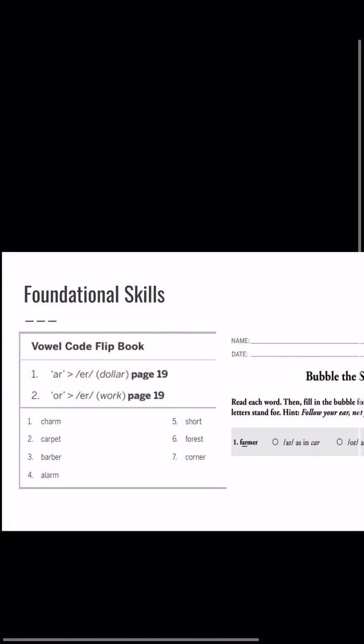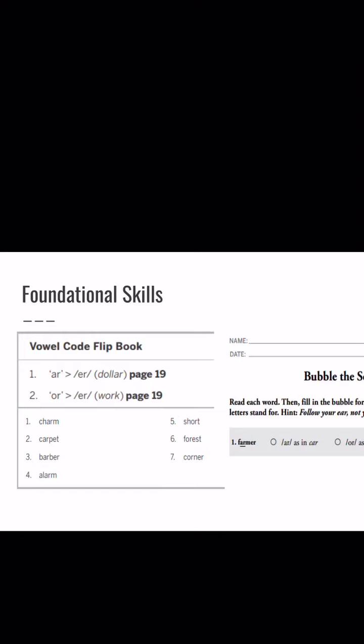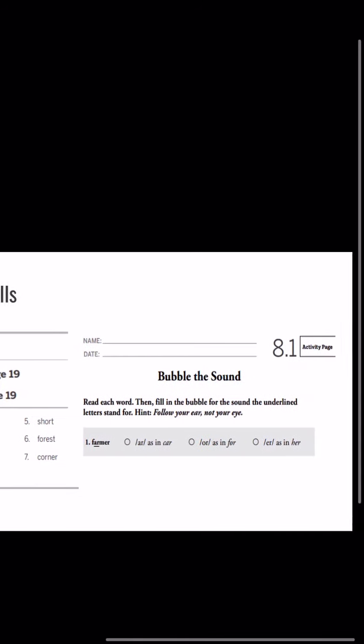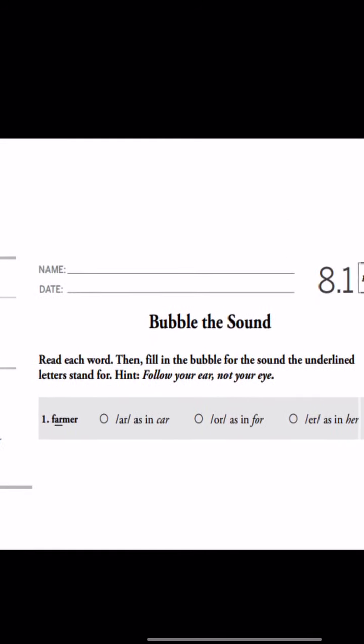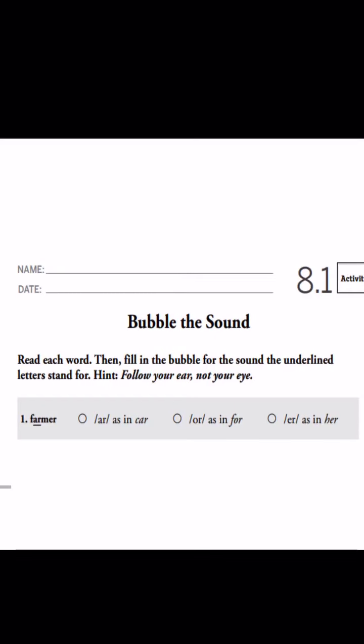Okay, that's why I went through numbers 1 through 7 and went through our code flip book. You're going to read each word and then fill in the bubble for the sound that is underlined. Okay? Hint, follow your ear, not your eye.